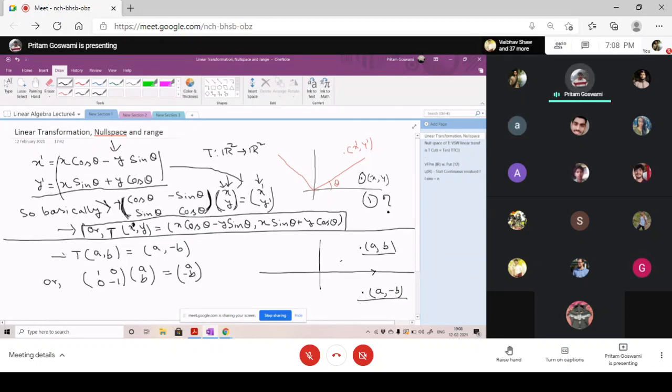If I take this transformation T from R2 to R2 defined as T of A, B equals A comma minus B, you will get this thing. And also, if you multiply this point A comma B written as the column vector with this matrix, you will get the reflection point also, right?